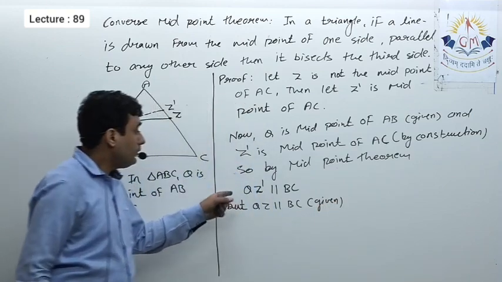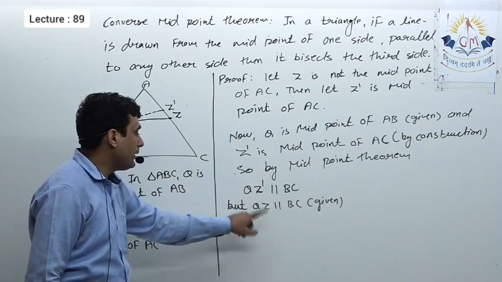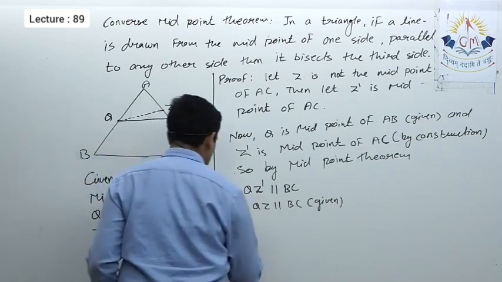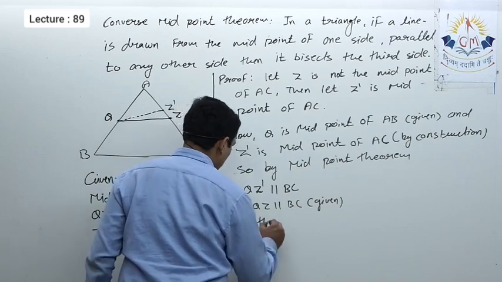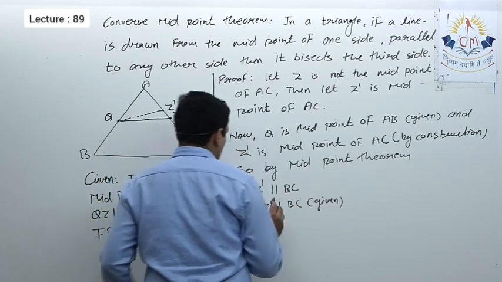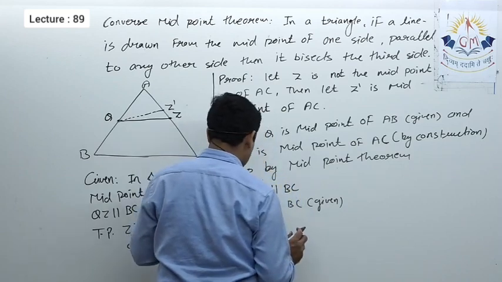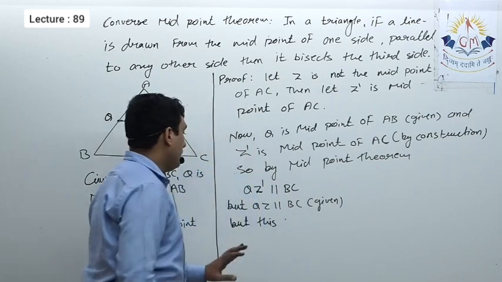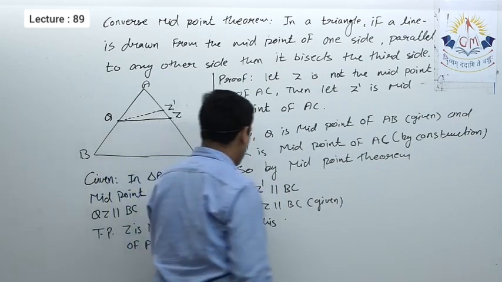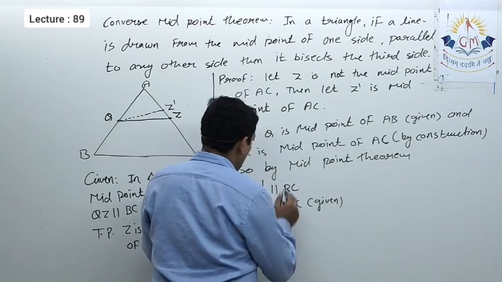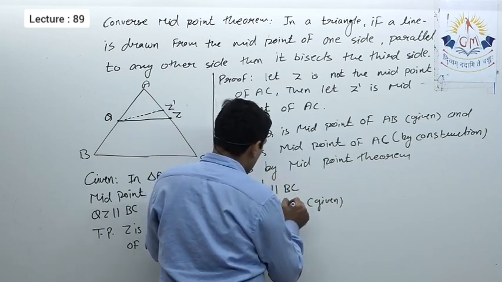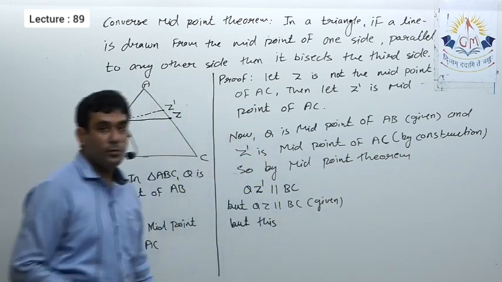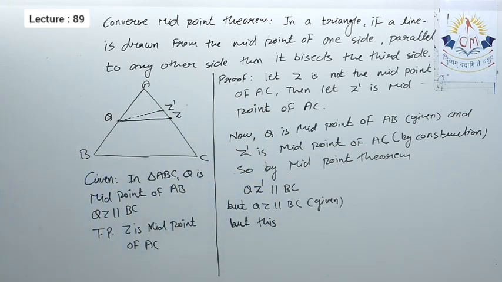Now there are two lines which are parallel to the same line and passing through the same point, which is not possible. But this is not possible, to have two lines parallel to the same line passing through the same point. So it means our assumption is wrong.